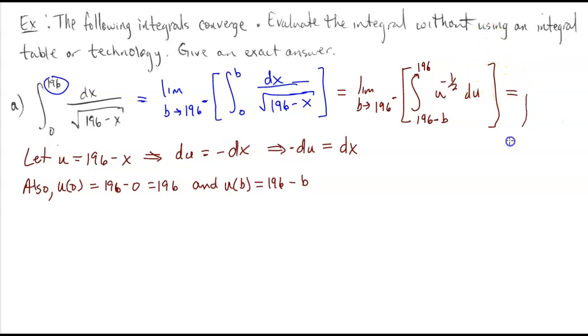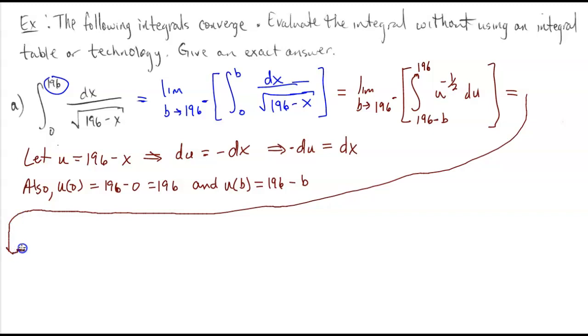So what I'm going to do here is kind of drop down right here, and we'll go ahead and pick back up, and I will do this in a different color. So let's choose this one. All right, so now we have limit as b approaches 196 from the left.